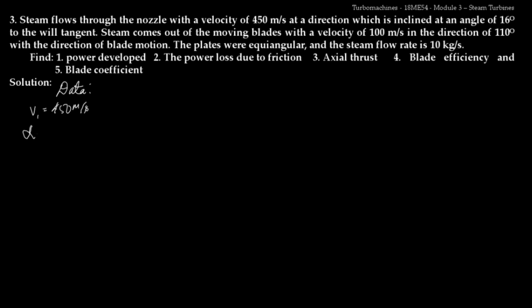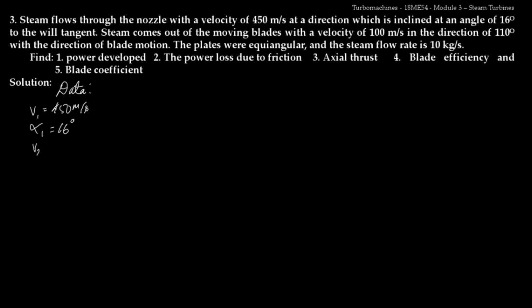So this is alpha 1 is 16 degree. Now steam comes out of the moving blades with a velocity of 100 meter per second. So here he is talking about the fluid coming out of the moving blade. So this is the absolute velocity of the fluid, not the relative velocity.